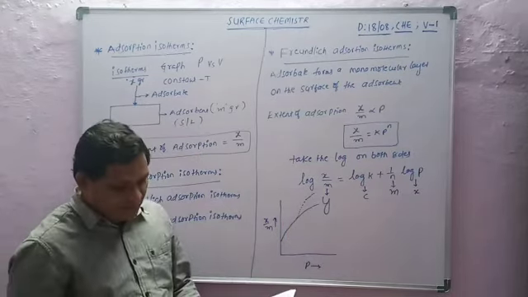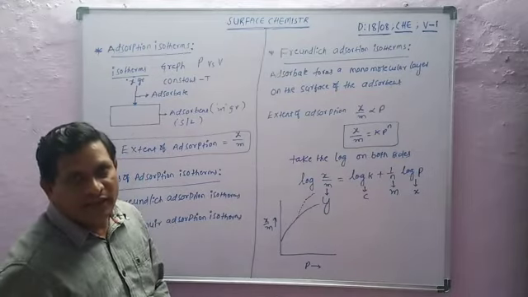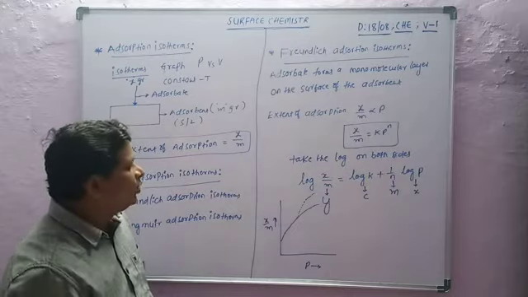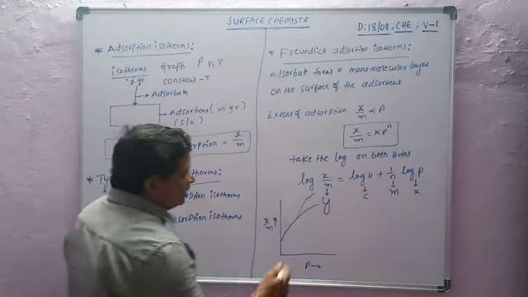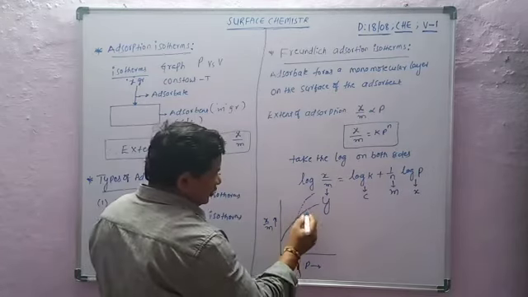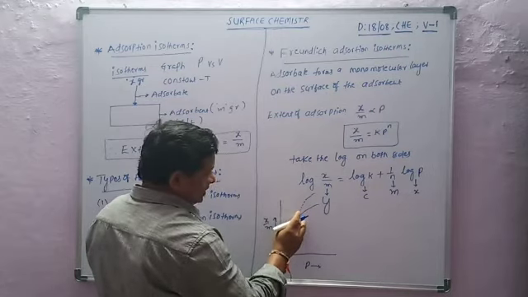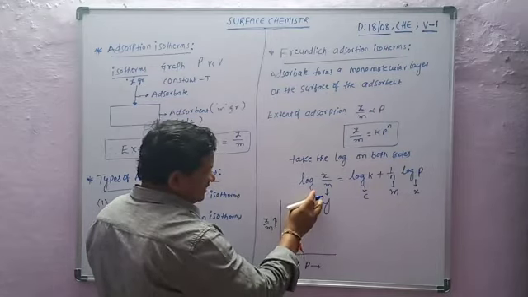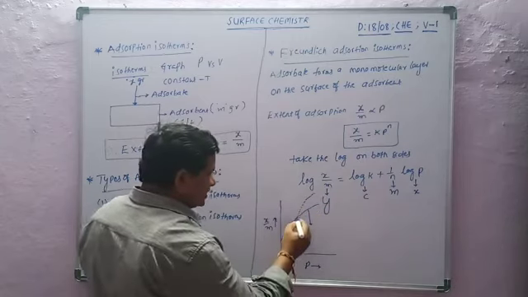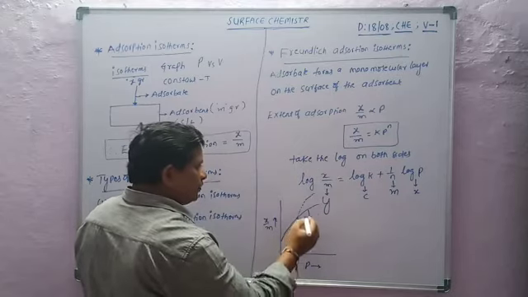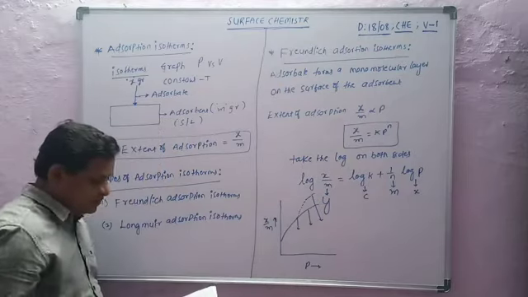The graph indicates low pressure, moderate pressure, and high pressure regions.